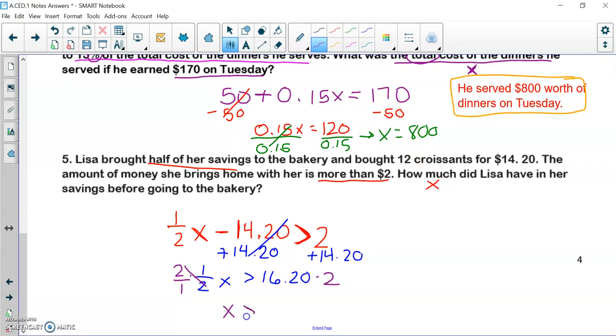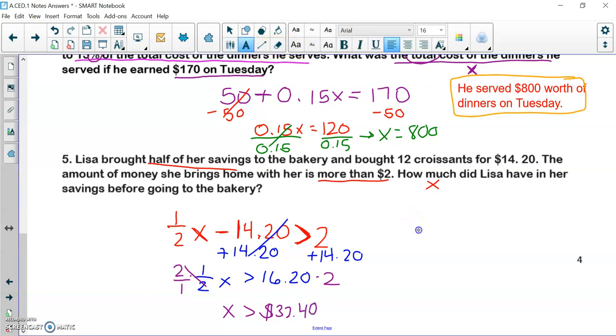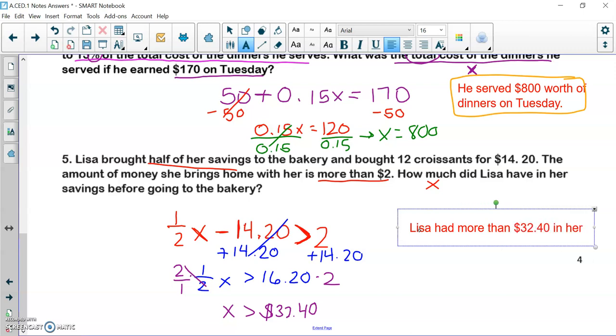So I have X is greater than $32.40. So I'm going to type out my well thought out answer, which states that Lisa had more than $32.40 in her savings account.